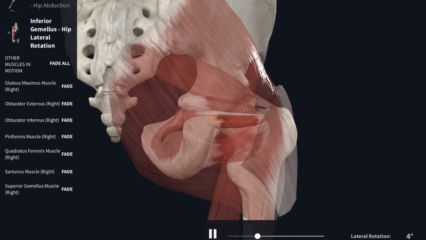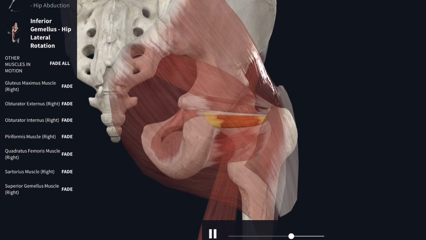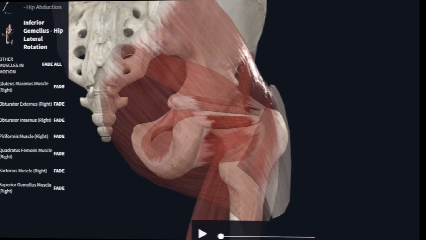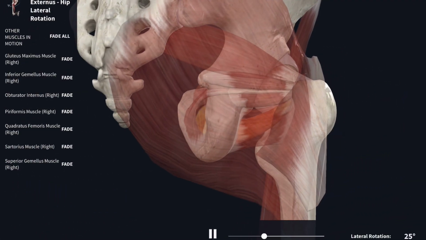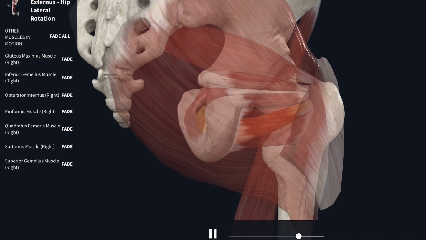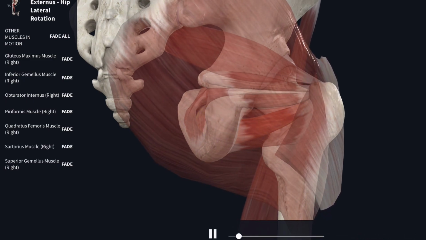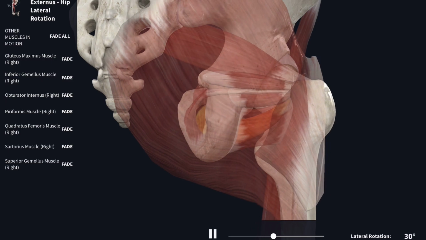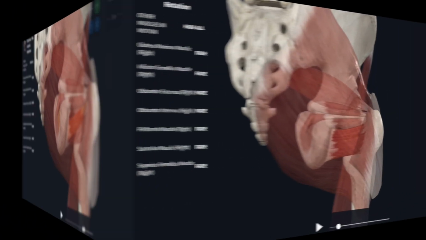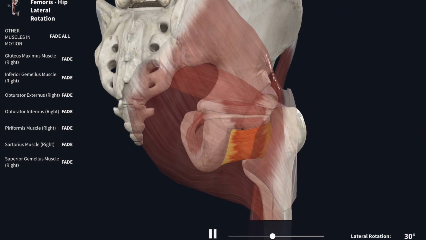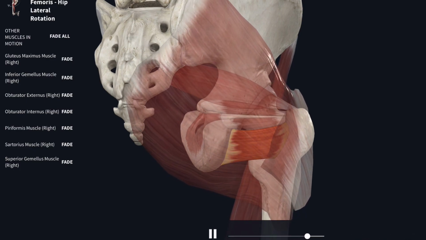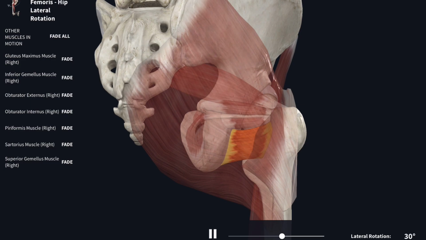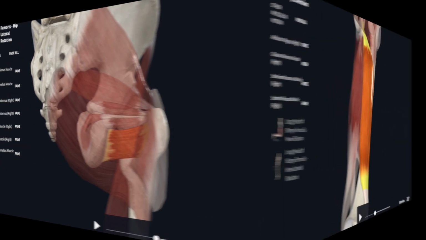The inferior gemellus. The obturator externus. And the quadratus femoris. All of these muscles are the P-go-go-Q muscles that are lateral rotators of the hip.